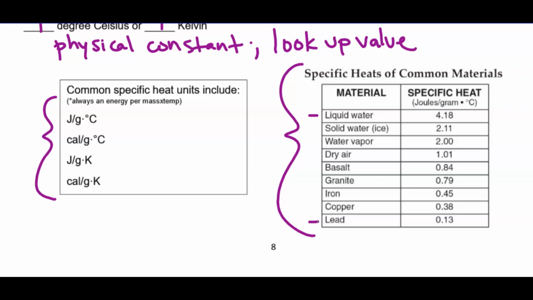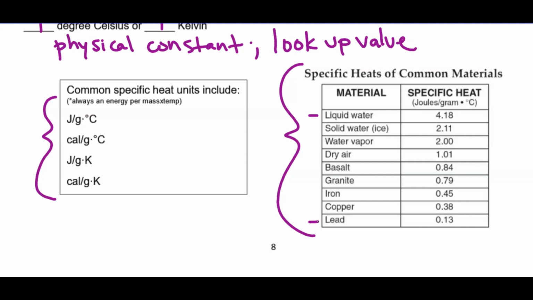Okay, so just stop and think for a second, which one would require more energy to raise its temperature? So we're going to be looking for the material that has the highest specific heat. So water is actually going to require more energy per gram to raise it by 1 degree Celsius. So water is going to heat up more slowly than lead would.